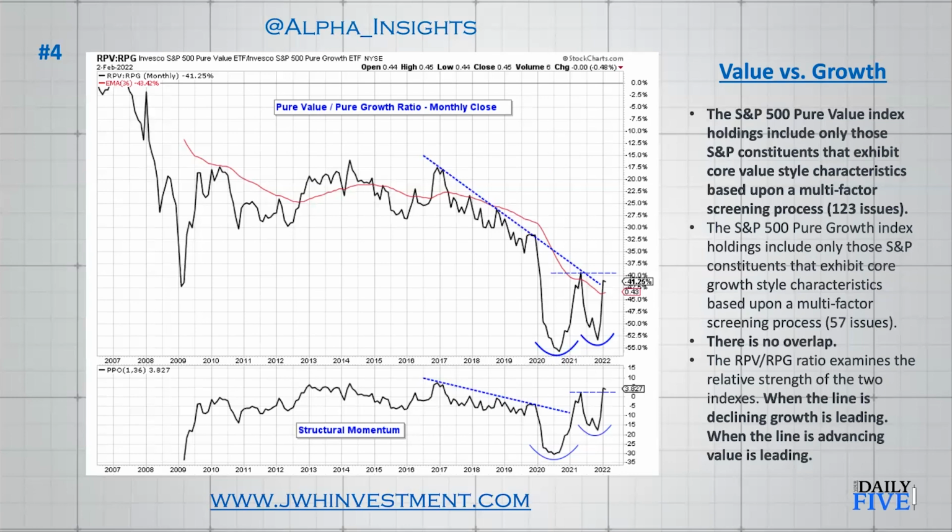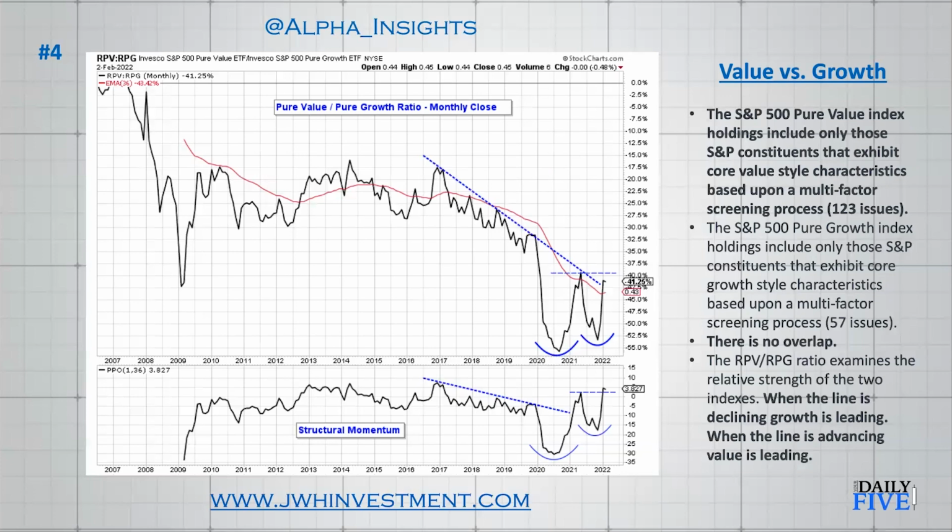There's actually certain stocks in every sector that can accommodate those factors that are necessary to become a pure value stock. But the essence of it is that you've got to shift away from things like technology and discretionary and into things like materials, energy, and financials. And so as those sectors continue to exhibit strength, we would expect the pure growth ratio to further its breakout.